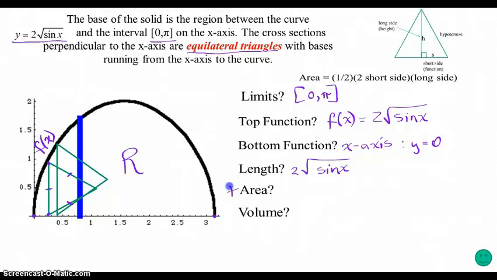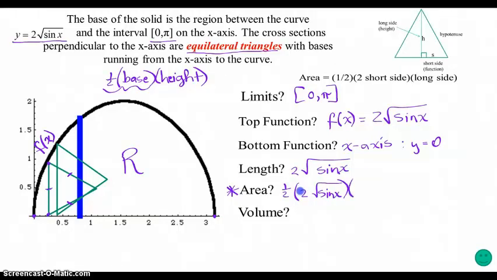Now we're down to the area, and we are still talking about the area of a triangle, 1/2 the base times the height of the triangle. What's different here is not our base. The 1/2 base is still the same. The base of these triangles is going to be our function.